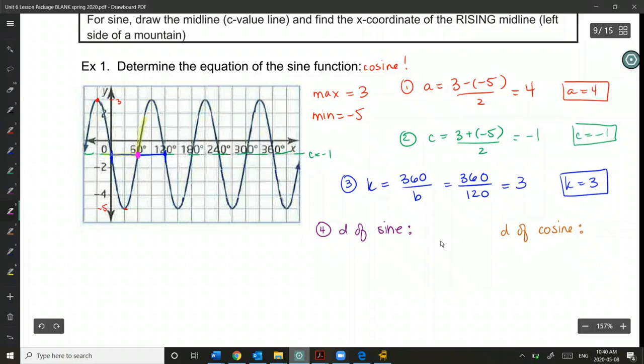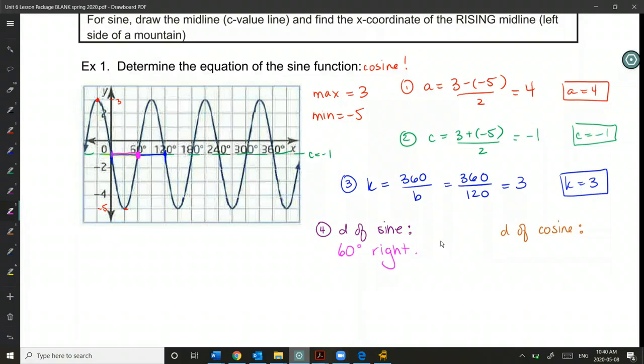This is the point on the midline where if I move left to right, I'll actually start rising up into a mountain. And where does this happen in relation to the y-axis? Well, it happens at 60 degrees to the right of the y-axis. So we're going to say that our d of sine is 60 degrees right.